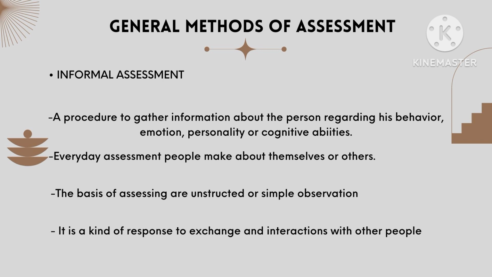Next is that informal assessment is a kind of response to exchange and interaction with other people. For example, if the parents tell their daughter to study her lesson but she responds that she is not interested to do so, then the parents may say that she has a negative attitude towards education and may further think that she has low chances of succeeding in school.